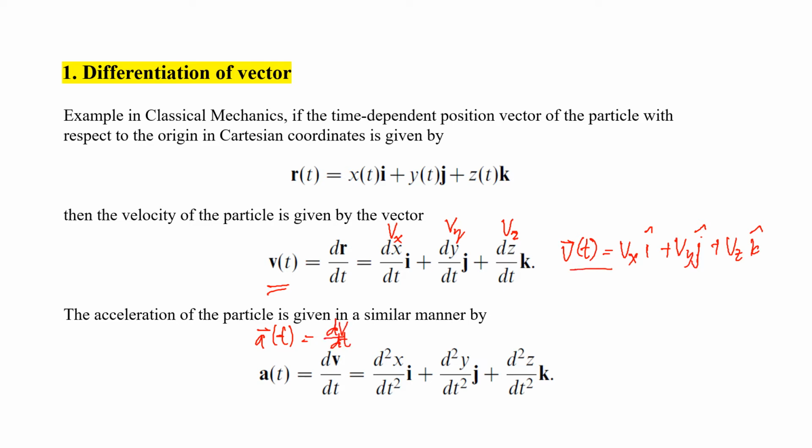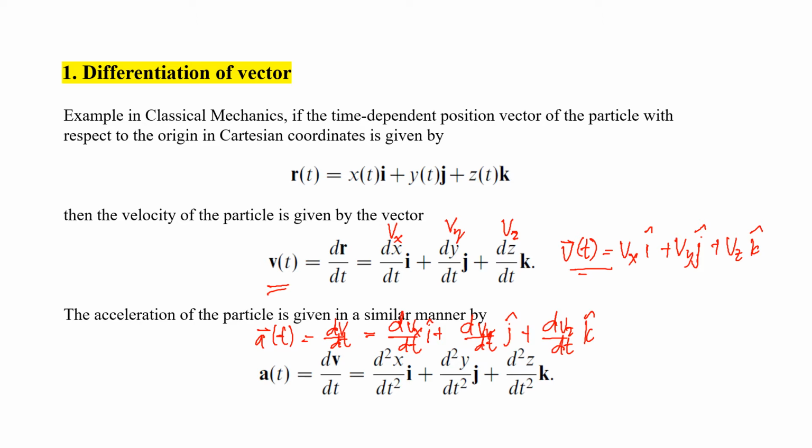If we use this term here, you have dvx/dt i-hat plus dvy/dt j-hat plus dvz/dt k-hat, and you go back upwards.